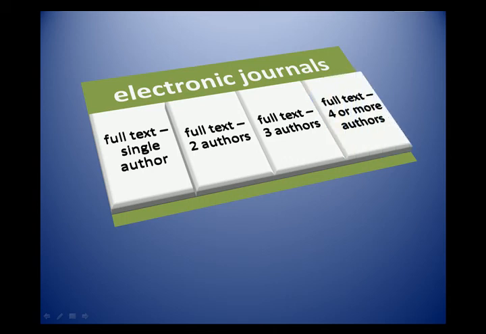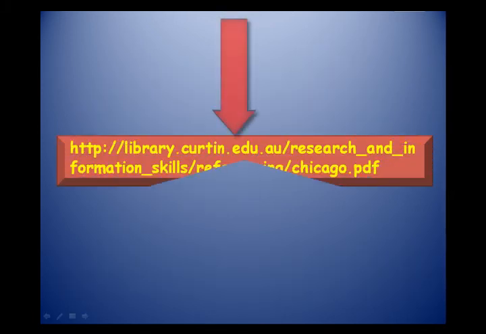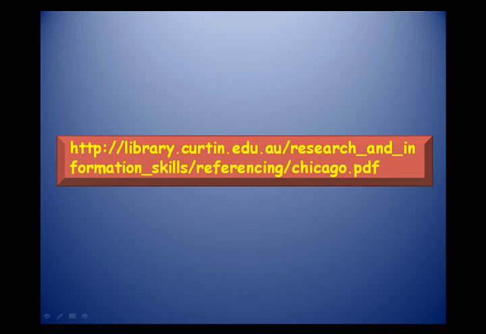And once again, we recommend that you visit this website to get the latest up-to-date detail on how to reference electronic journals. So, as you can very clearly see, the Curtin Library website is an extremely useful and necessary source of information for helping you to get your referencing right.